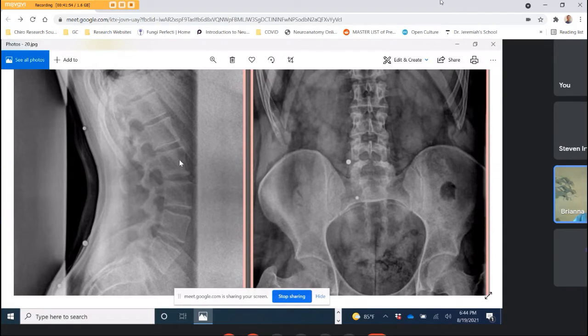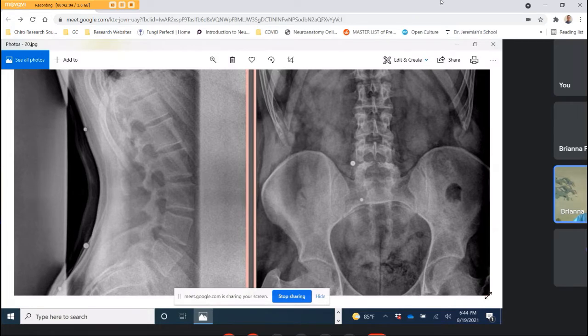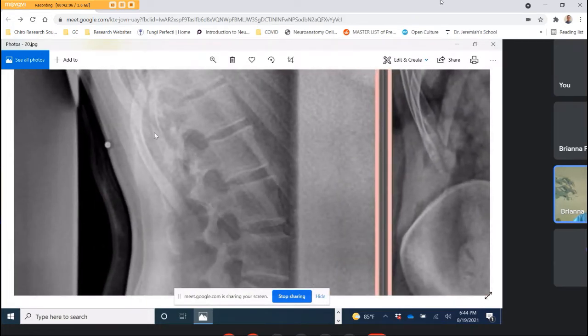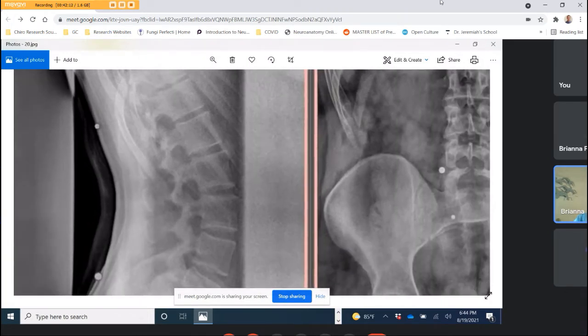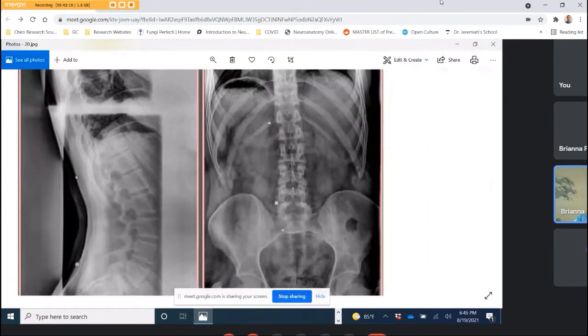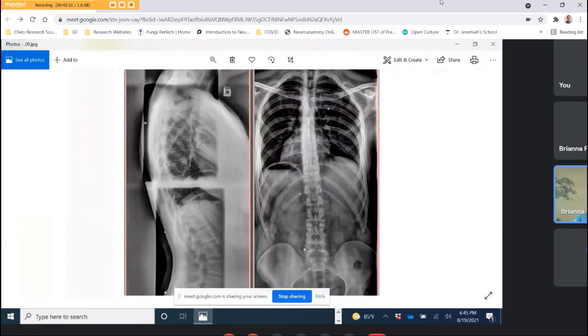And I always numbered my vertebrae just because it made it easier, when you keep looking at the film, to know exactly where you're at. 12 is a possibility, but 2 looks more of a possibility than 12 to me, because 12 looks like it's kind of in the middle of that stacking on the A to P.